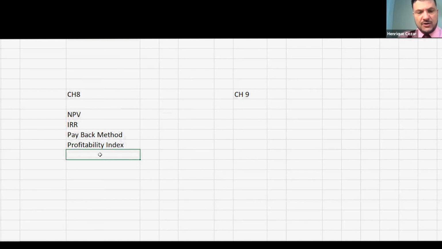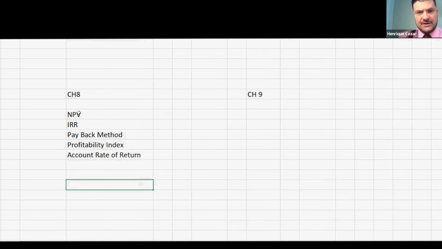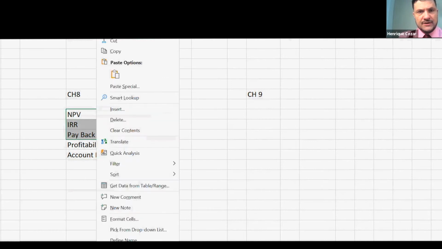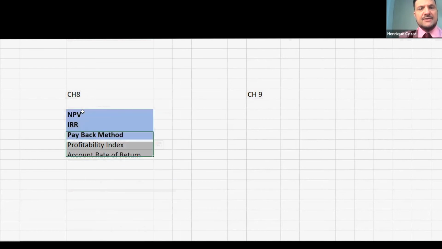And you also have the accounting rate of return, which I'm not going to focus on much in this class. So let me highlight the three that I think you should know, which are important for your exam. There you go. NPV, IRR, payback method.